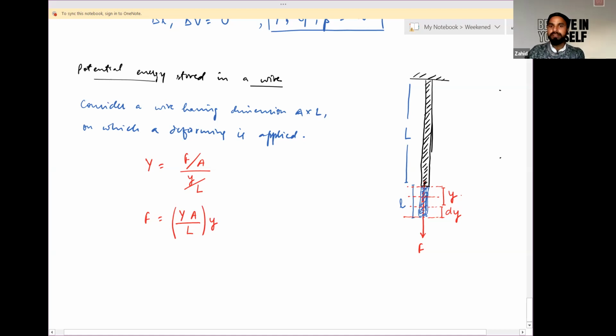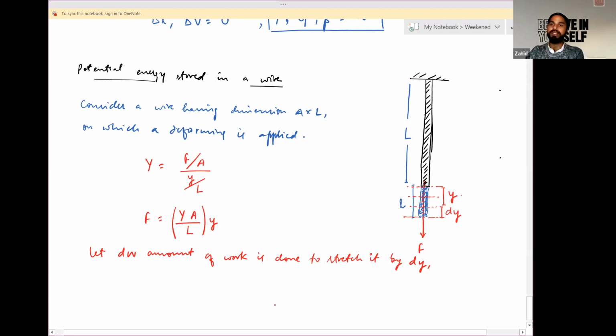Now, to stretch it further by dy, a small work must be applied on this. So let's say dW amount of work is done to stretch it by dy.